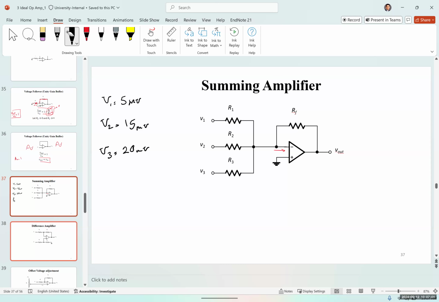RF is 10K. R1 is 2K. R2 is 4K. And R3 is 5K. What would the output voltage be?